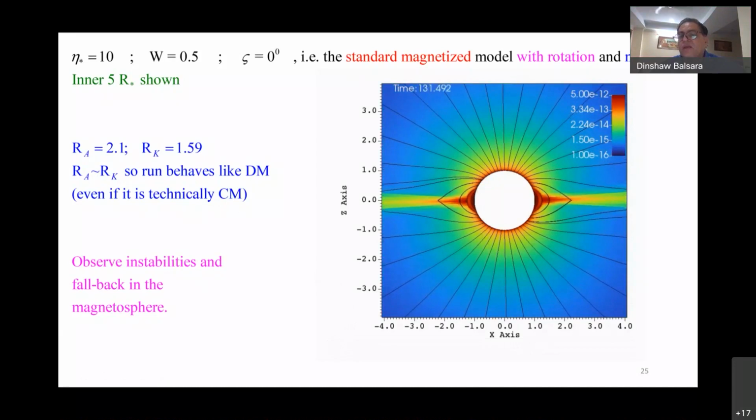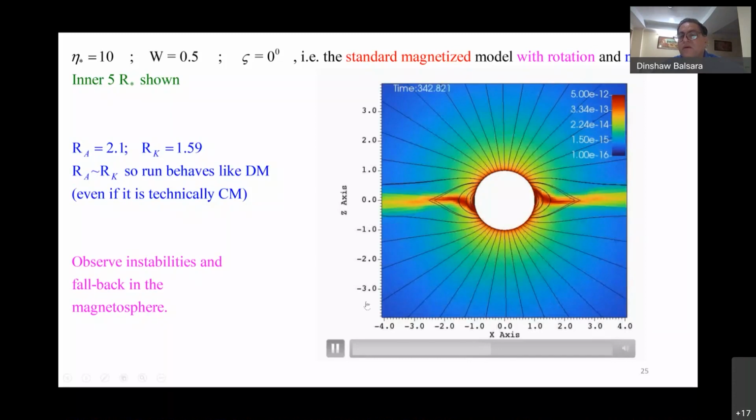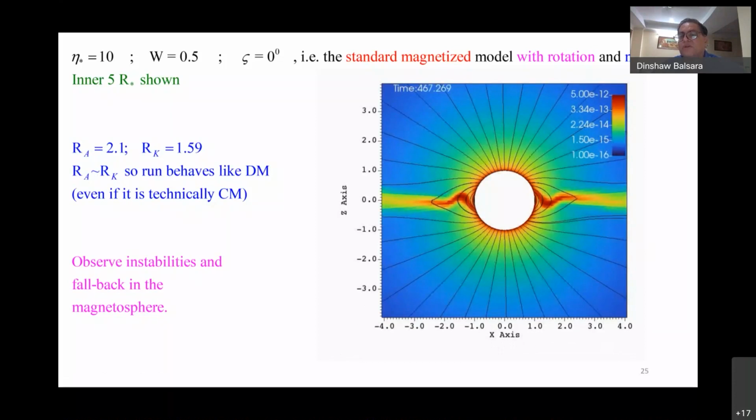And you see that, again, you're filling up the magnetosphere, and now you're going to start seeing the clump formation just in a few seconds, maybe. Okay, so now you're seeing the clump formation, and you're seeing the clumps landing back onto the star. And you're seeing the second clump also forming and trying to land back onto the star.